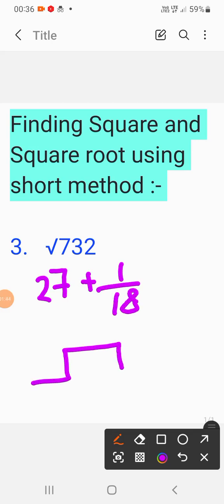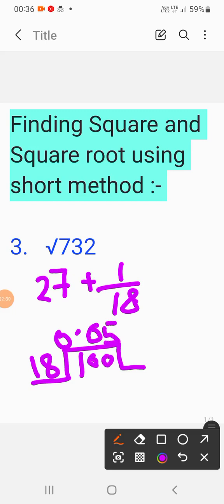Now we have to solve 1 upon 18. While solving this, we will put 0.0 and 18 into 5, which would be 90. Again we get 10 over here, and we will put 10, which would be 5.